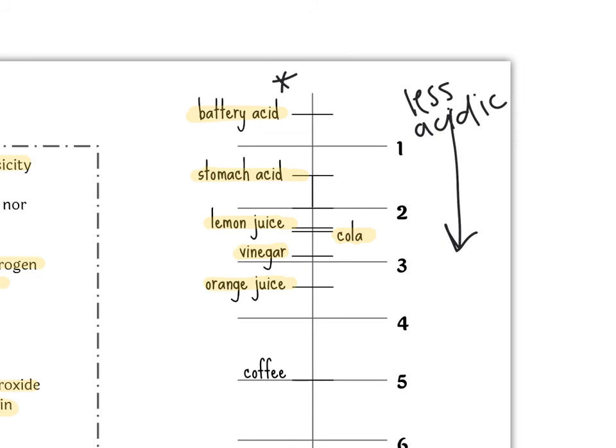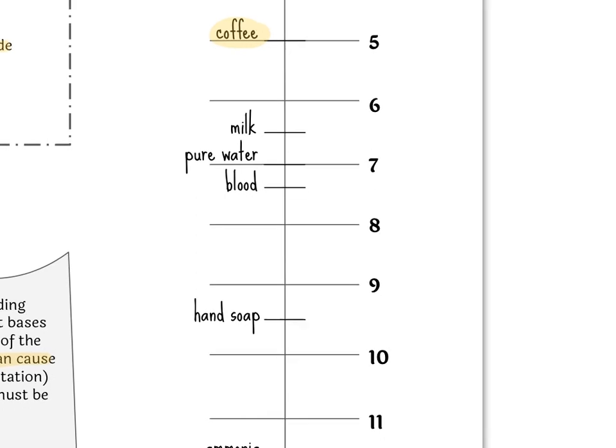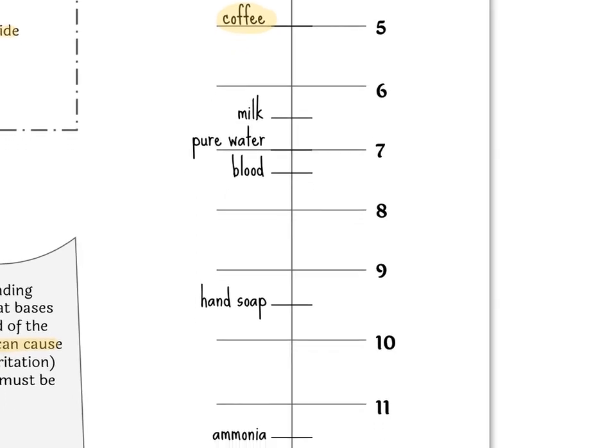Good old OJ is still pretty acidic. At a pH of 5 is coffee. At about a 6.4, you don't think of milk being acidic, but milk is slightly acidic since it's just below 7.